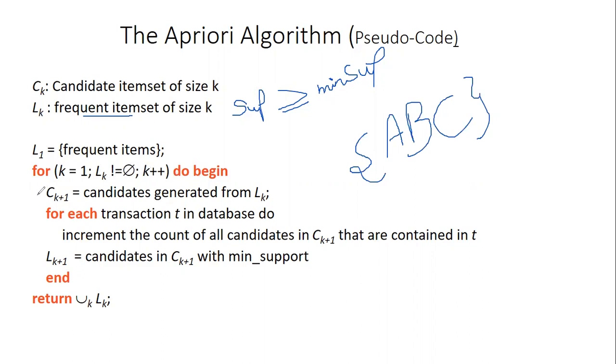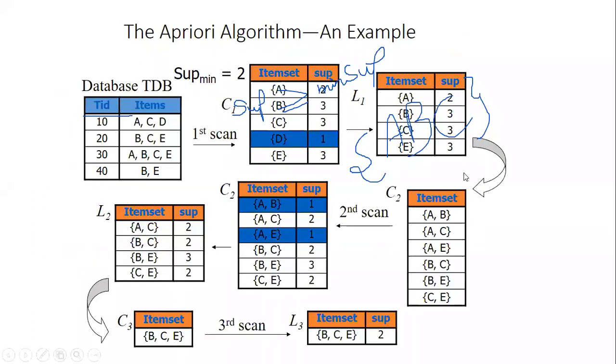Then what we have to do: Ck plus 1 is equal to candidate generation from Lk. First we found this, and next we find C2. Where k is equal to 1, k plus 1 becomes 1 plus 1, that is C2.